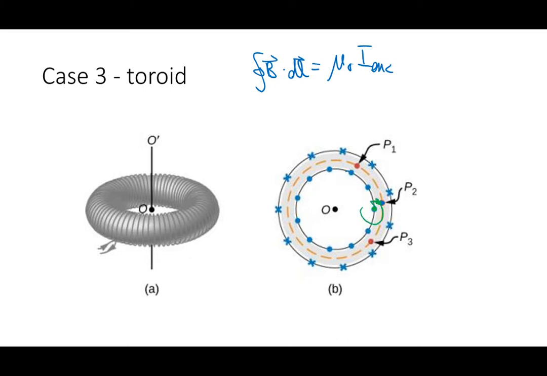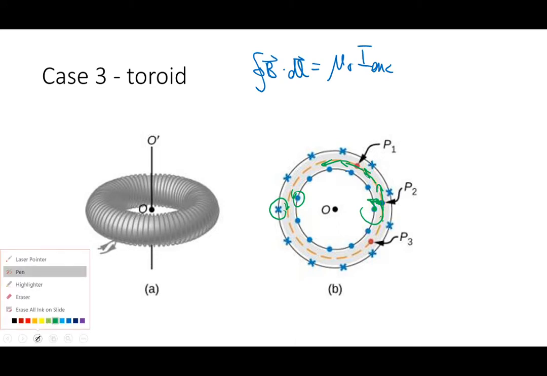So inside my loop here, I know that it goes this way, and it'll be consistent for every single point. You can try for this point as well. It's going to go that way. You can try for an outside point. They're all consistent, so you don't have to pick one particular current and then deal with the direction of the magnetic field.